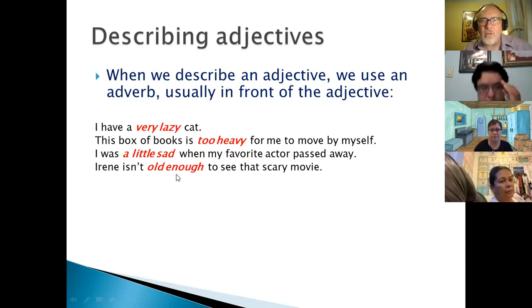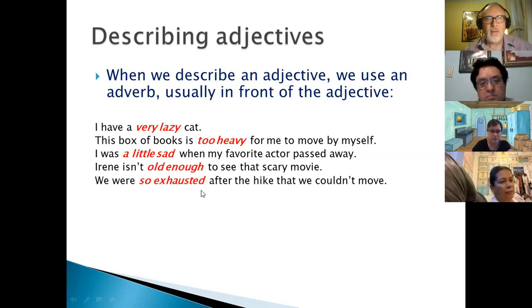Irene isn't old enough to see that scary movie. Here again, enough is an adverb describing old. We were so exhausted after the hike that we couldn't move. Exhausted is an adjective, so is an adverb.